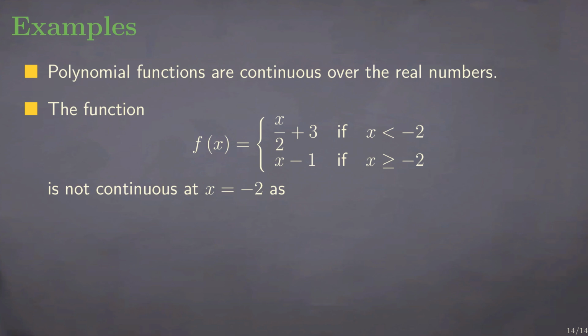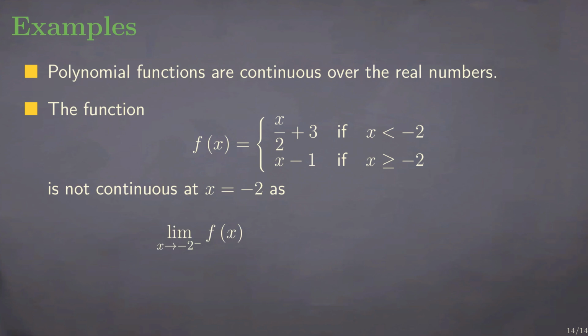For this, we just need to check whether minus 2 belongs to the domain of f or not, whether the limit of f when x tends to minus 2 exists or not, or in case these two values exist, whether they are the same. So there are three things that we need to consider. So first, we see that minus 2 actually belongs to the domain.